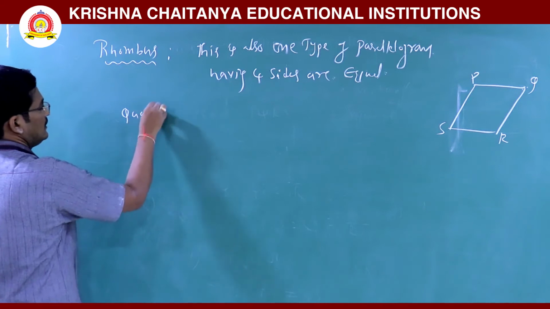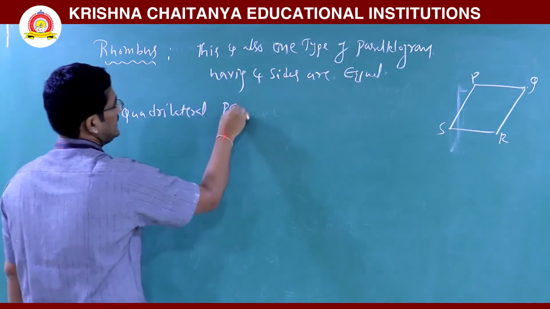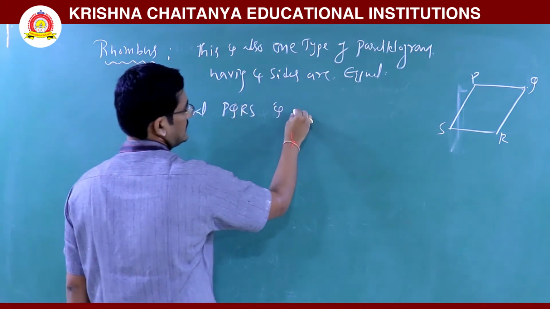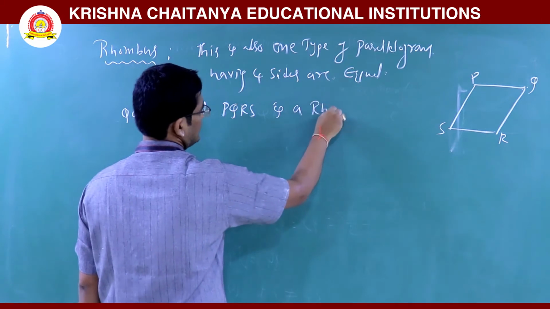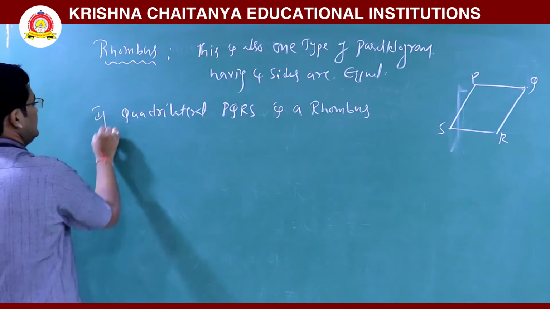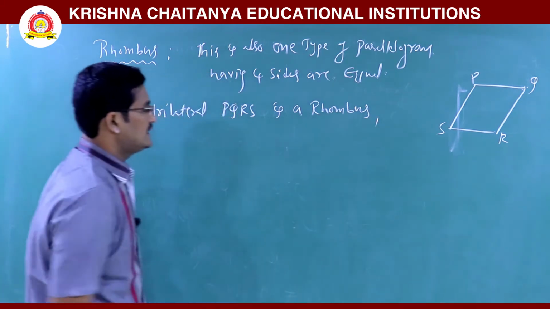Then, if quadrilateral PQRS is a rhombus, this PQRS follows the following conditions.